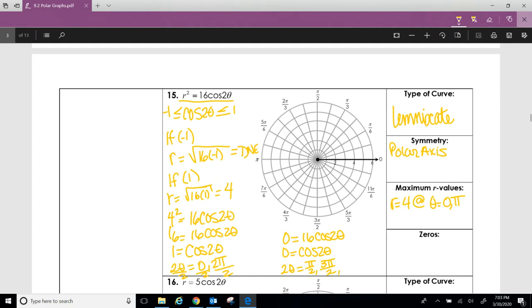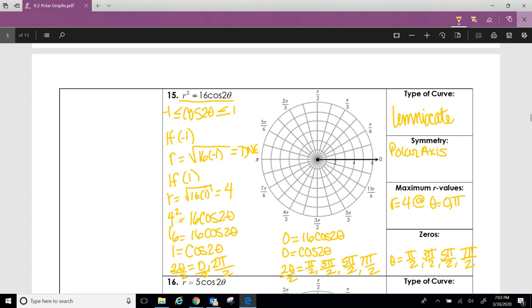So adding 2 pi to pi over 2, I get 5 pi over 2. Adding 2 pi to 3 pi over 2, I get 7 pi over 2. So our zeros will be when theta is equal to pi over 2, 3 pi over 2, 5 pi over 2, and 7 pi over 2.